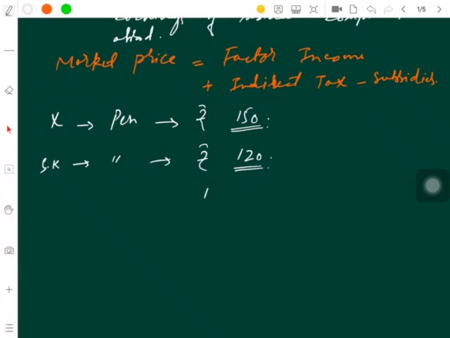For this 120, some tax is levied, say GST of 15 rupees. This comes to 135. There is a difference of 15 rupees still.